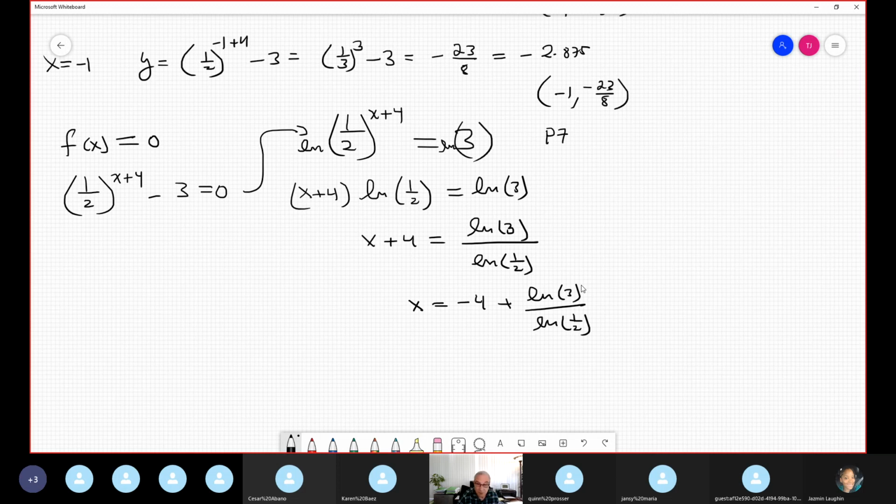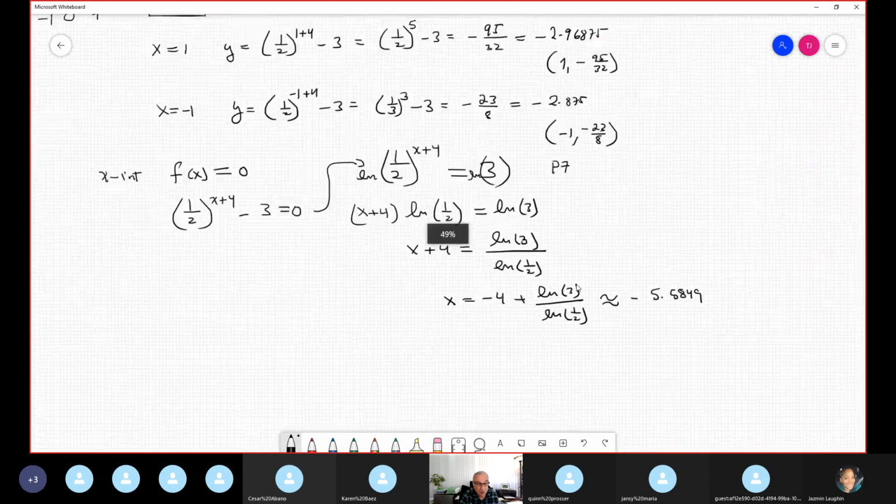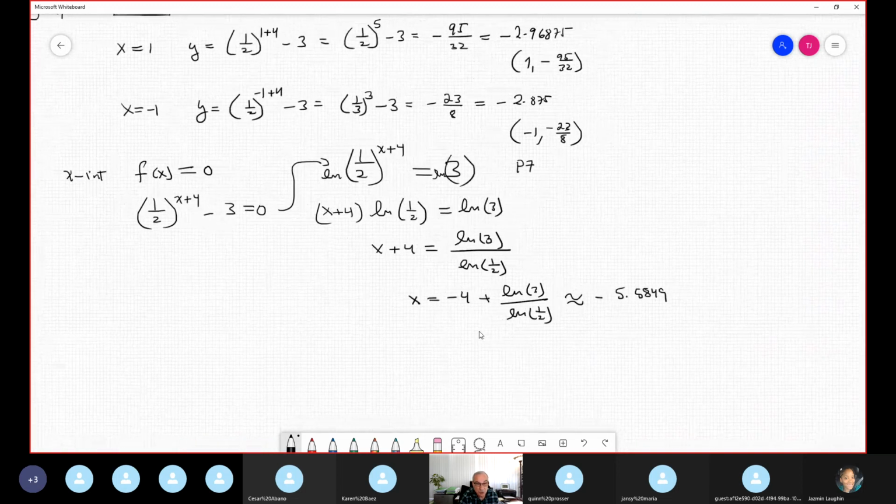I put it in my calculator, and the answer is approximately negative 5.5849. So this graph passes through the point negative 5.5849, 0, because I enforced y equal 0 at the beginning.